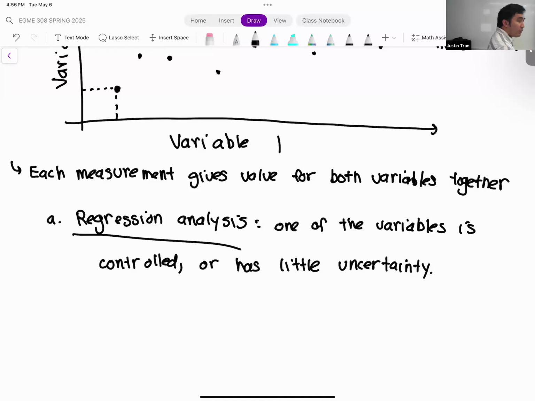So that is one where its value is independent of the value of the other.